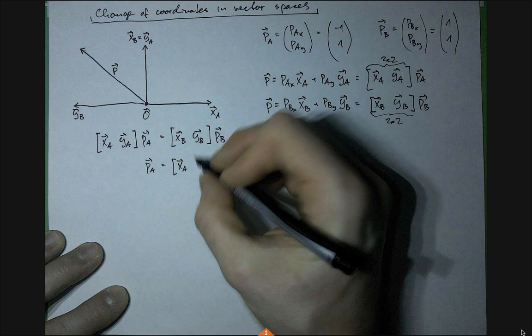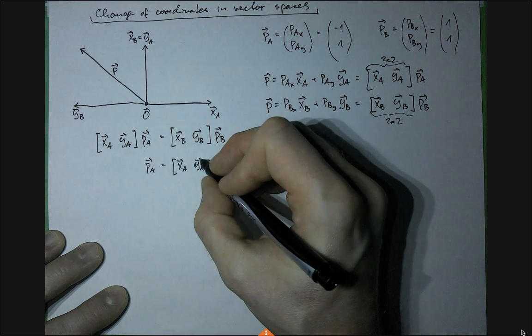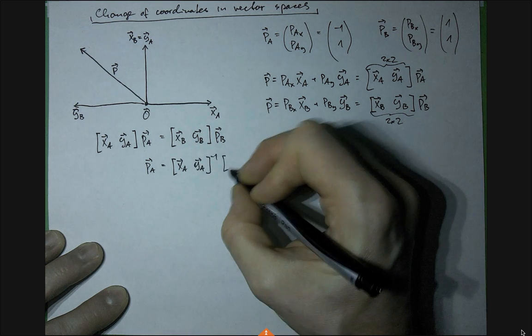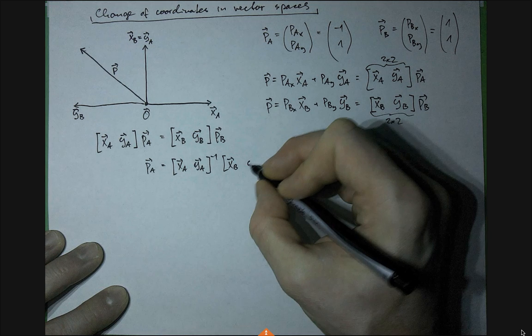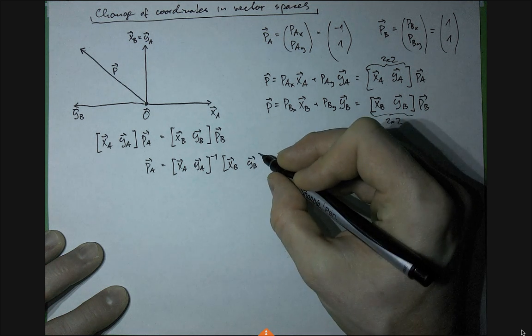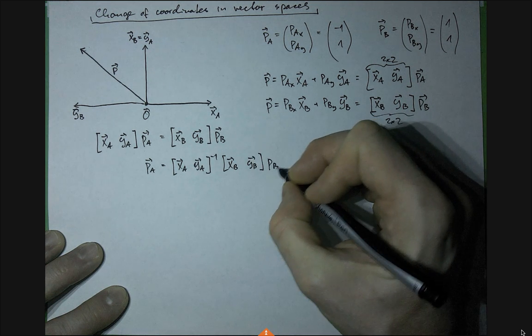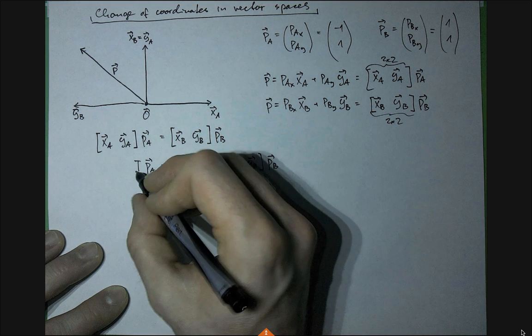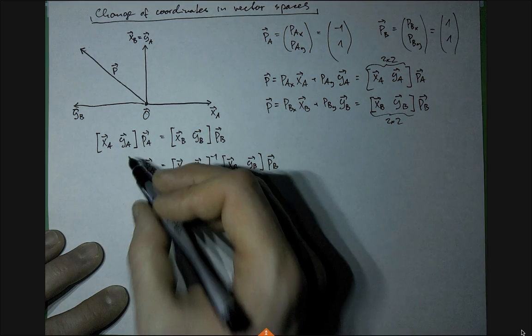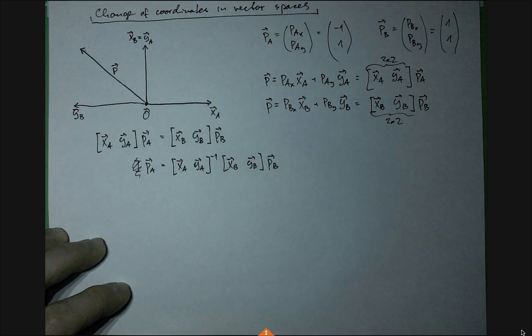Watch this. XA YA inverse, XB YB, and this stays the same, right? I could put a little identity here, but the identity doesn't really do anything, so I don't have to have it there.